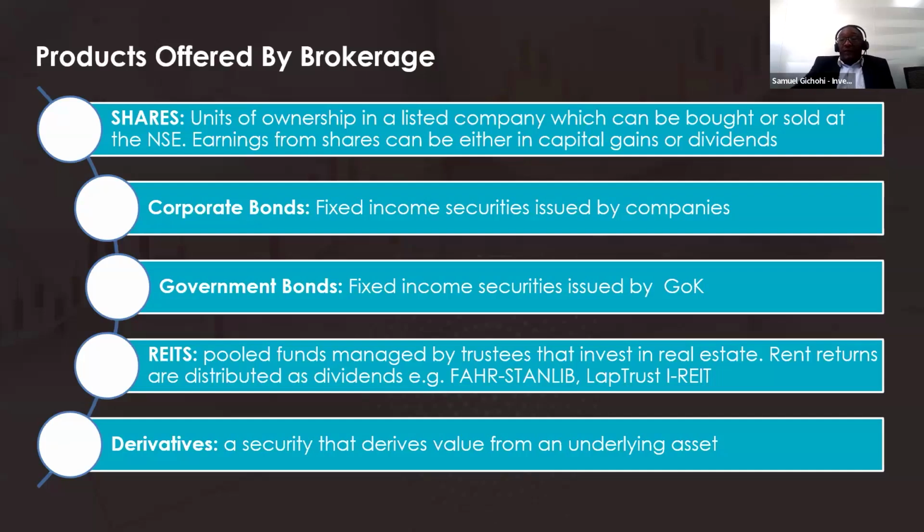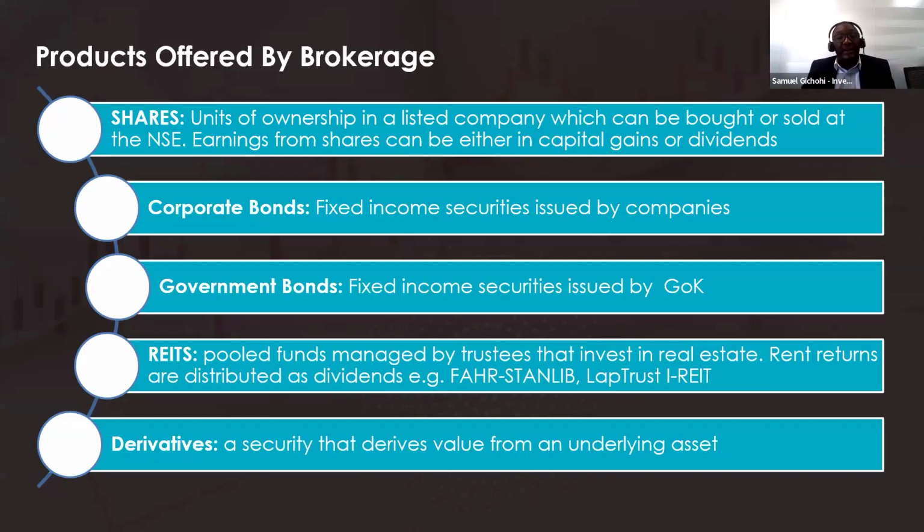So at NCBA Investment Bank Brokerage, we offer you access to several different securities, and this includes shares. Of course, in this case, in the IPO, it is Kenya Pipeline offering their shares to the public in an initial public offer.